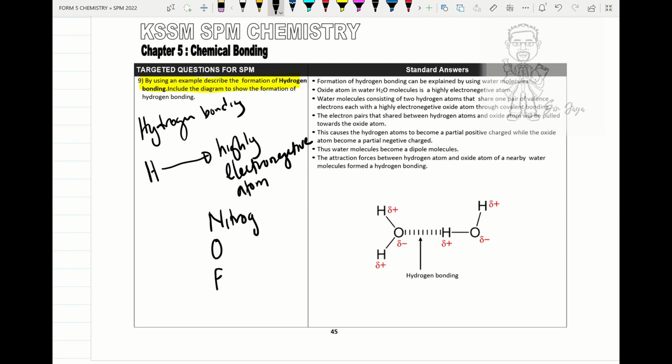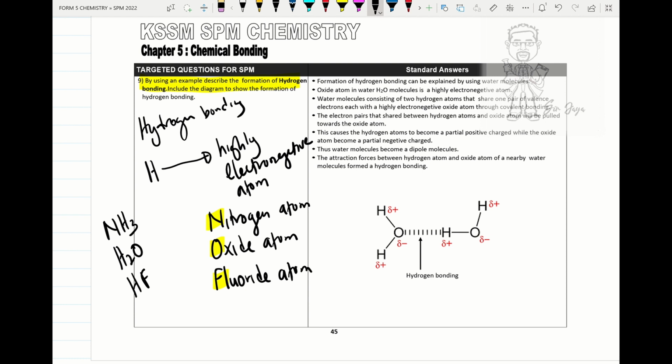N stands for nitrogen atom, O stands for oxide atom or oxygen atom, and F stands for fluoride or fluorine atom. These are the highly electronegative atoms, and this formation of hydrogen bonding can be seen in ammonia molecule, water molecule, and also hydrogen fluoride molecule where we have NOF here.